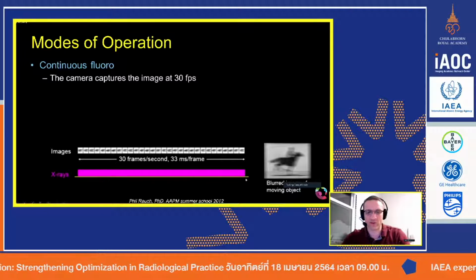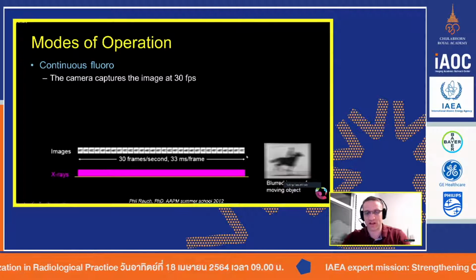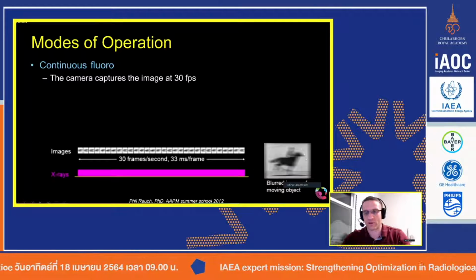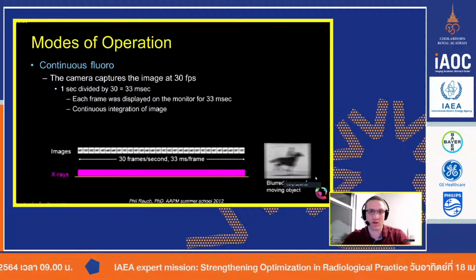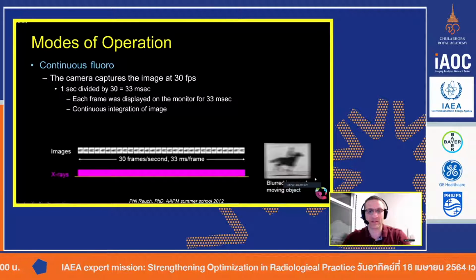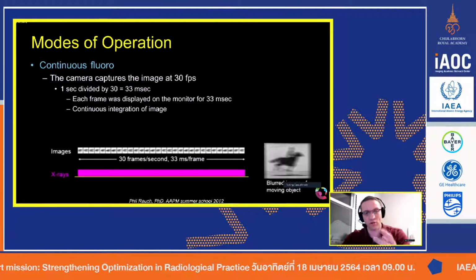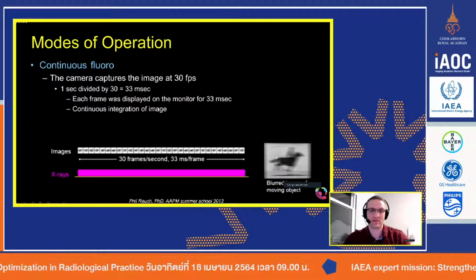Now, X-ray was on the entire time. You acquired these 30 frames per second, spaced each of them 33 milliseconds per frame, and the effect was a blurry image. Why was it blurry? Because the patient is moving. There's motion. So if there's motion, that motion is being blurred out over 33 milliseconds.